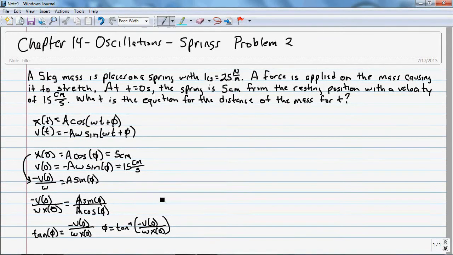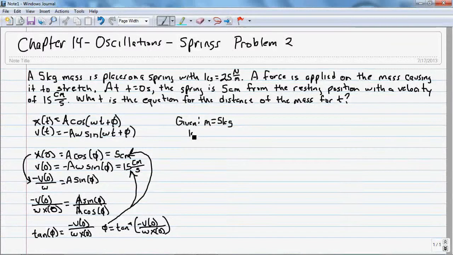And how do I get my amplitude? Well, once I get the angle, I can put this back into either this equation or this equation, and I can come up with my A value. So I'm given the mass is equal to 5 kilograms.